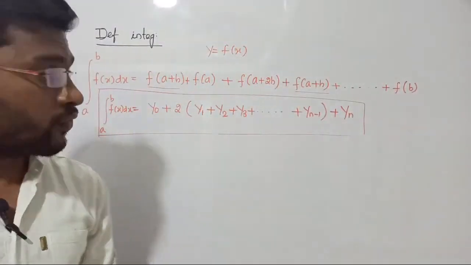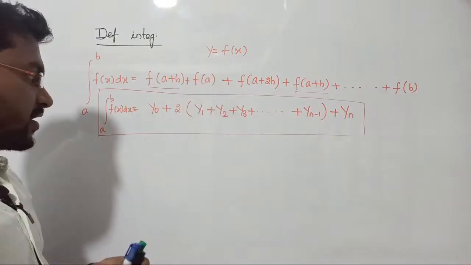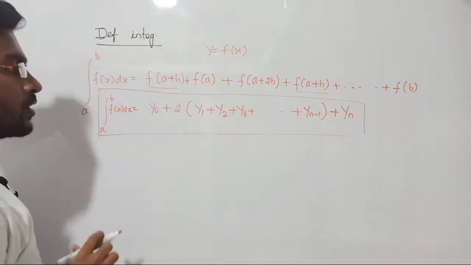In the trapezoidal rule, we are considering two initial points, right? So don't forget, that is very important.